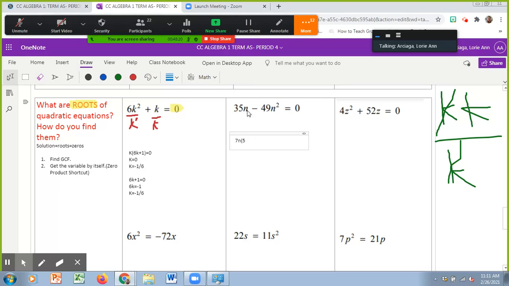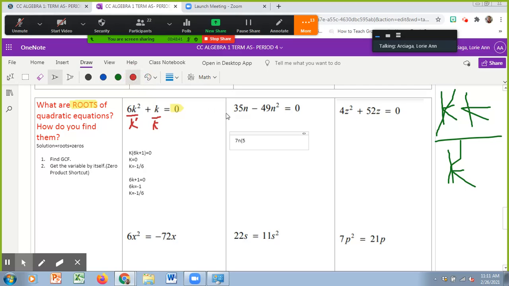Next, n divided by n. Do you have any n left or no more n? No more. 0. Okay, then don't put the n anymore, right? Because n divided by n is 0.